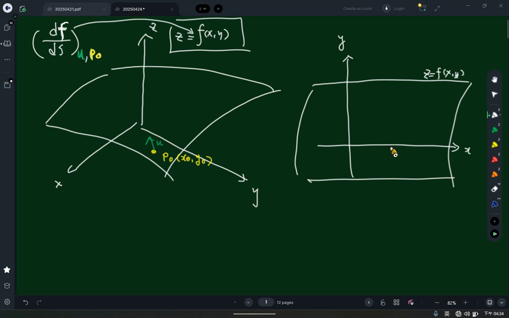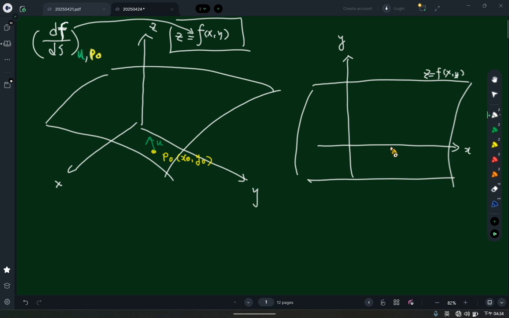If you stand on top of the surface and look downward, you can see the surface is here. So I just try to match the xy plane to the right hand side, especially in the xy plane.